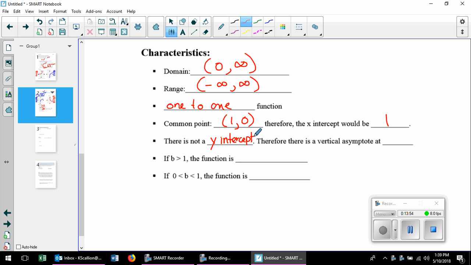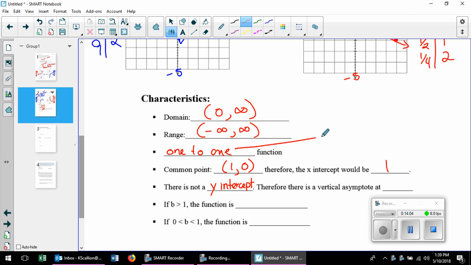Yes, the function and its inverse are both labeled as functions. Like the original one and its inverse. Okay, so let's go back and fill that in so you know what that means. So Matthew said it passes the horizontal and vertical line test.